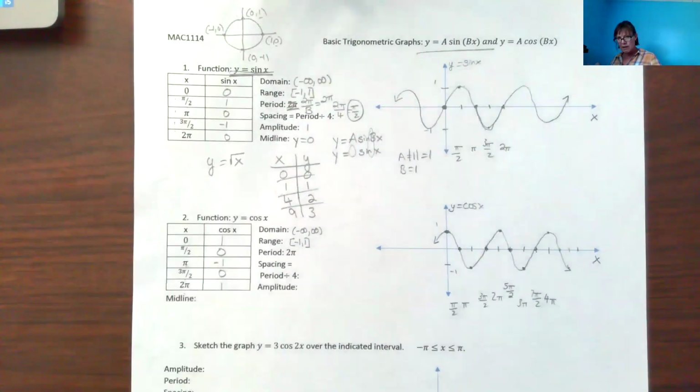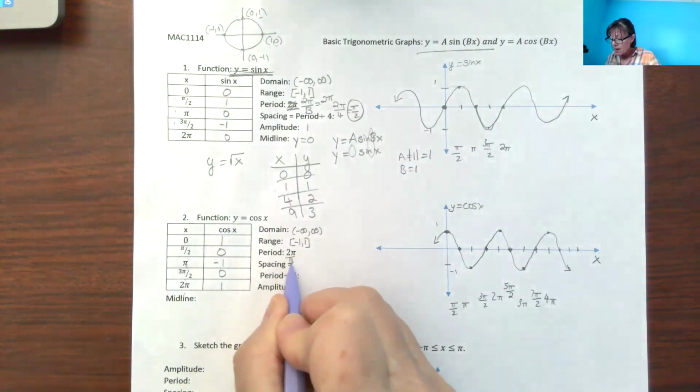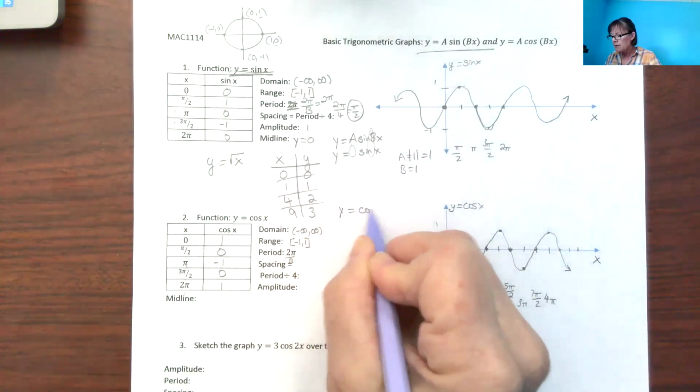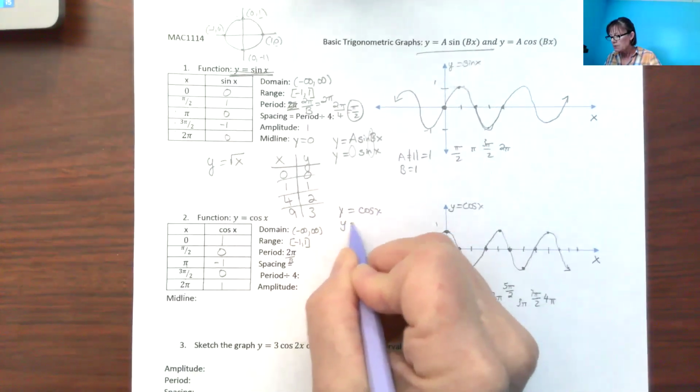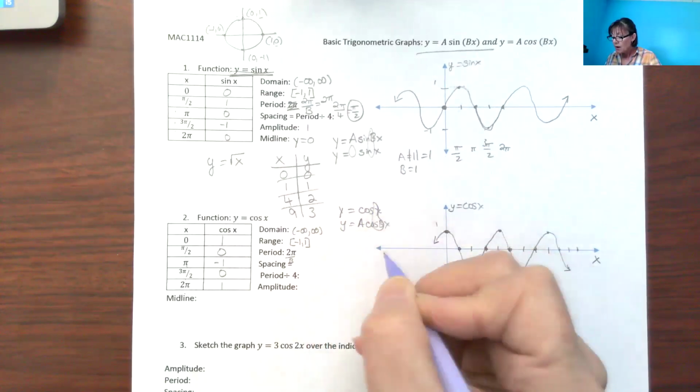But this is without any transformations whatsoever, reflections, whatever. So it's really technically 2 pi over b. But if we've got y is the cosine of x, b is 1.